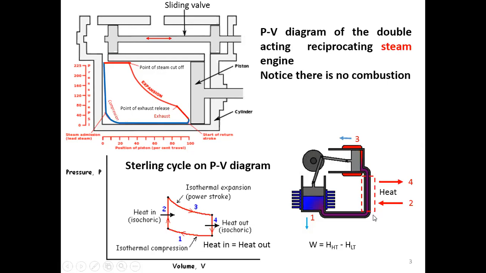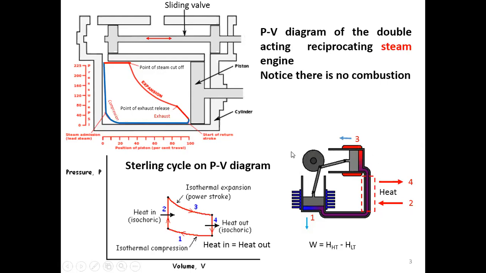So when we provide the heat, the working fluid will change, and it will create the power to push the piston. And after it finishes pushing the piston, it will release the heat out, and then receive another heat again and get the power again.